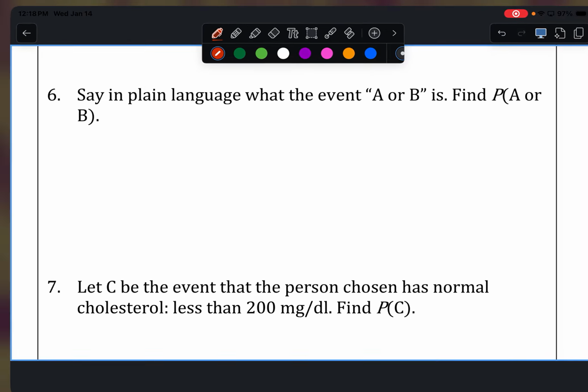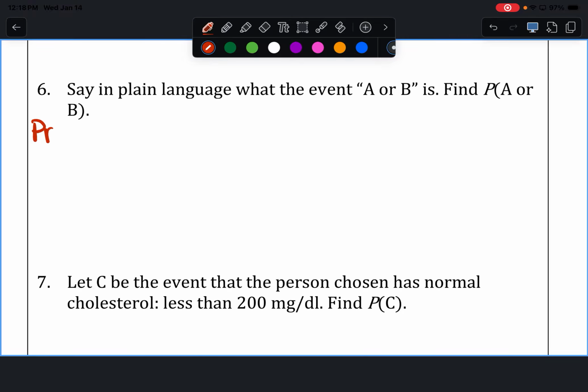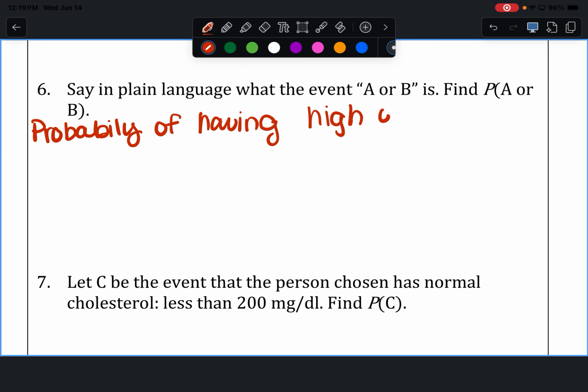So right here, this is asking us for the probability of having high cholesterol or borderline high cholesterol.